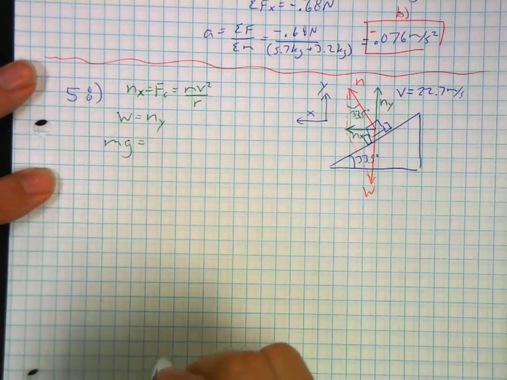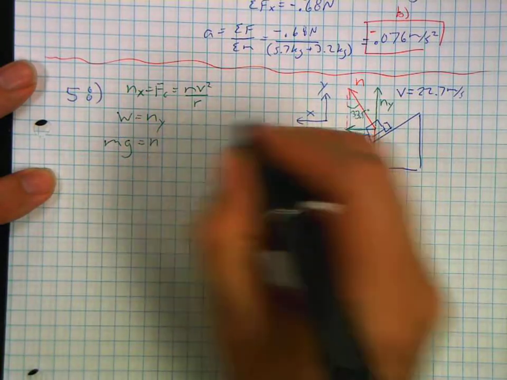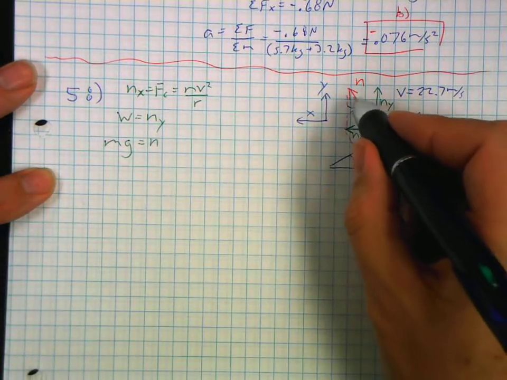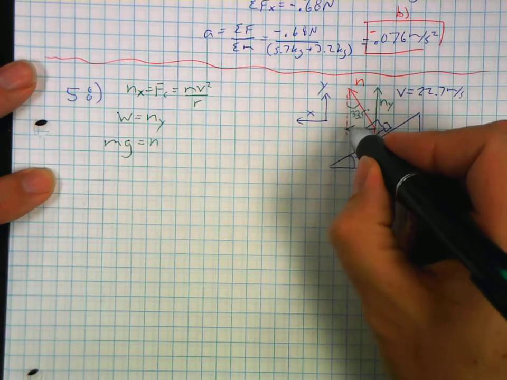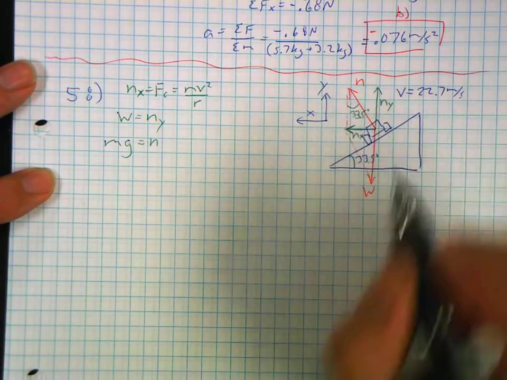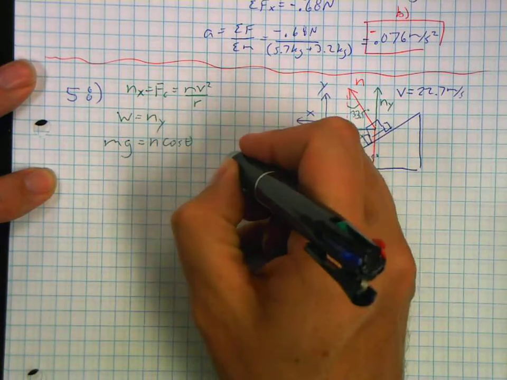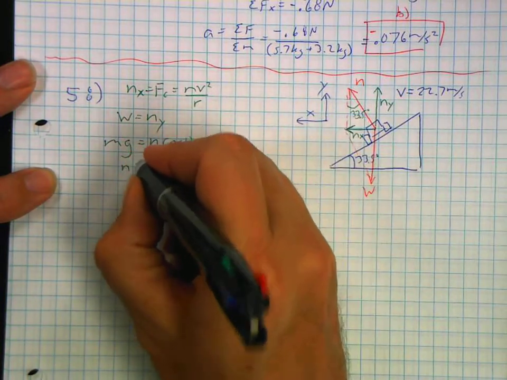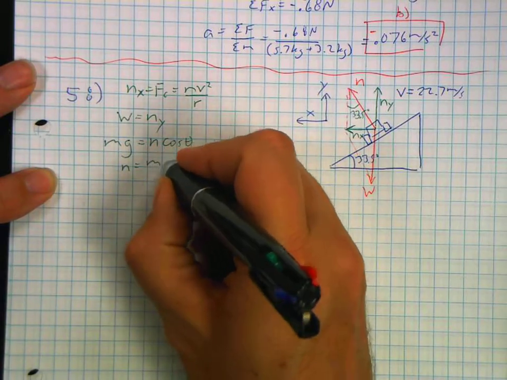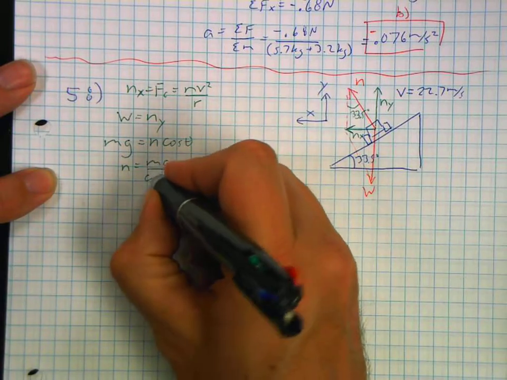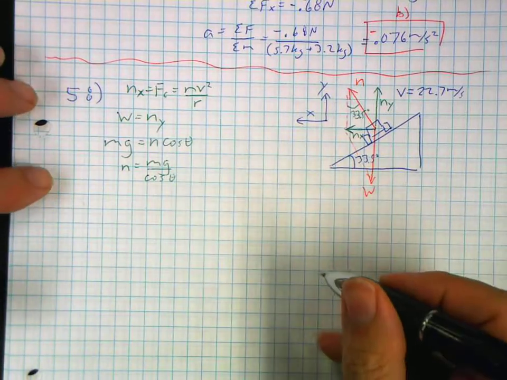The normal force in the Y direction is going to be equal to the normal force times the cosine of my angle, since this is the adjacent side to my 33.5 degrees. So that means that N is equal to mass times gravity divided by the cosine of my angle.